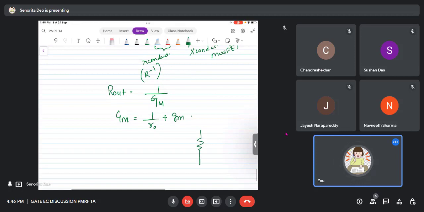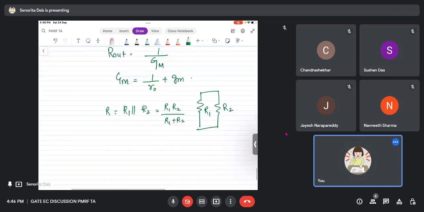Now you will remember that whenever there are two resistances in parallel, R1 and R2, the total resistance is R1 parallel R2, that is R1 R2 by R1 plus R2. But if I say what is the G, that is the transconductance, then you can write 1 by R1 plus 1 by R2.